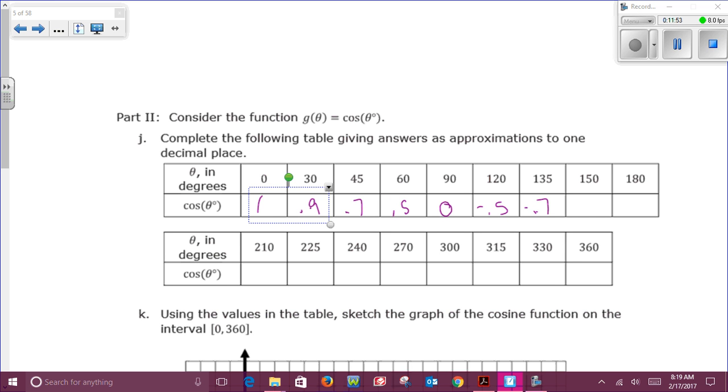When I'm in quadrant 2, cosine is negative. And in quadrant 3, cosine is negative. But in quadrants 1 and 4, it's positive. Notice these are the same values as the sine. But that only makes sense because we're using the same triangles and the same unit circle, and we had some of the same values for our answers.